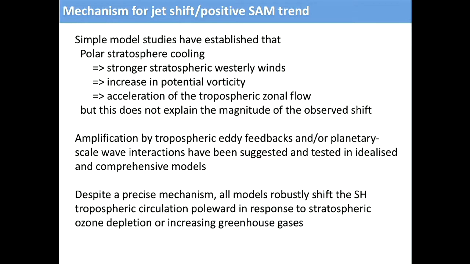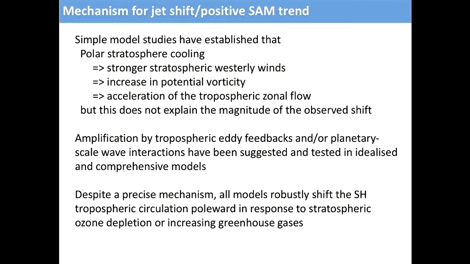I'm not going to talk much about the mechanisms for why we think this might occur, but I can refer you to a really nice section in the ozone assessment report from 2014, which you can find online, that talks about the different theories for why we think a jet might move poleward. In this case, it's to do with ozone depletion, but it could also be to do with increasing greenhouse gases.